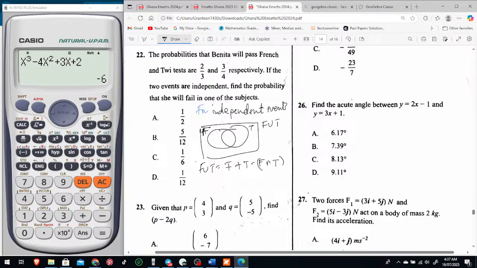Yes, this is. Do you remember? Do you know of this idea? It's like the De Morgan's law from Venn diagram. So find the probability that two events are independent. So this is 2/3 plus 3/4 minus the product of them.